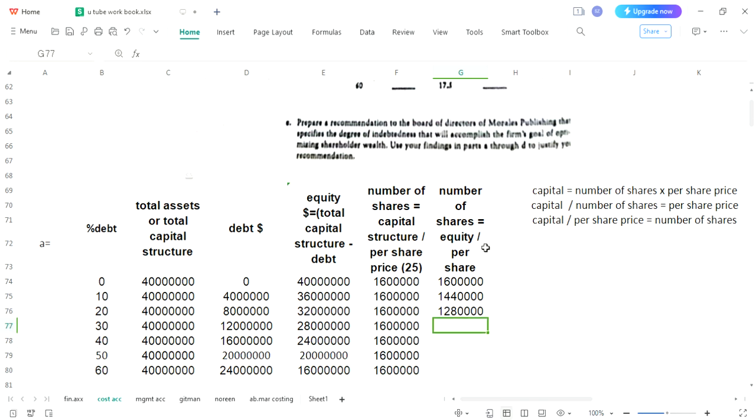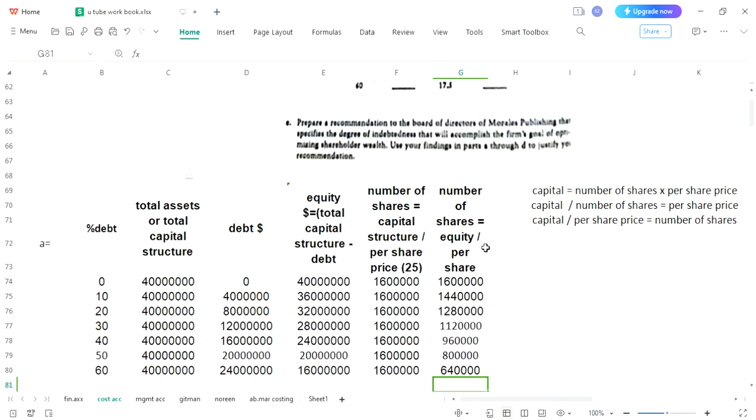So we have got 12 lakh 80,000 shares, and then equity was 28 million divided by 25. Next was your capital structure 24 million divided by 25. Next was 20 million divided by 25. And finally we have 16 million equity. It would be divided by per unit price of 25, with which number of shares would be calculated as 6,40,000.